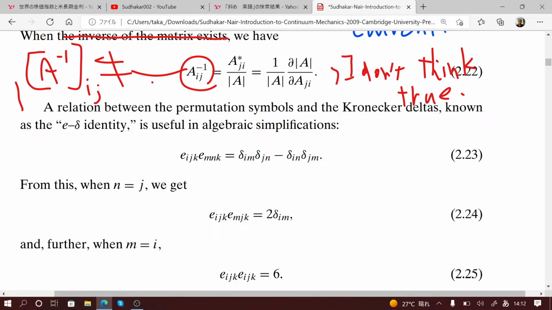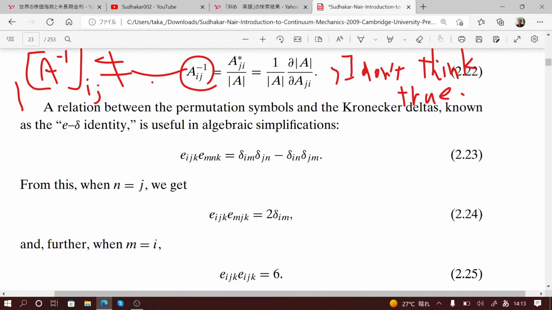From this, when n equals j, so here the repeated part is this. k is repeated.